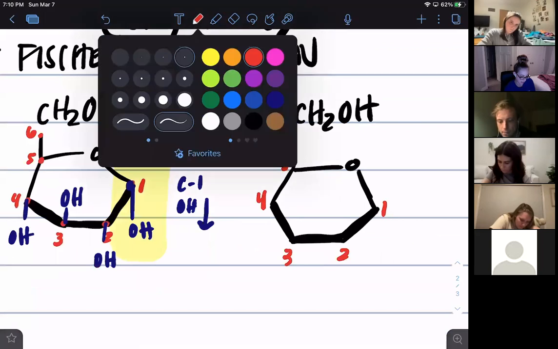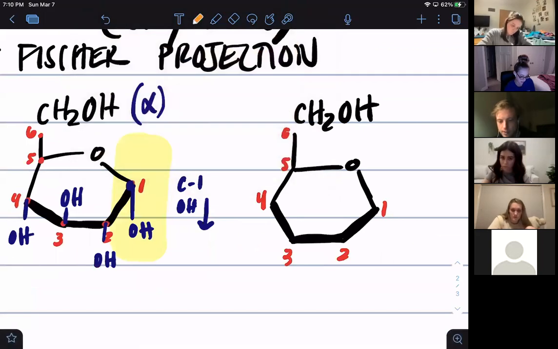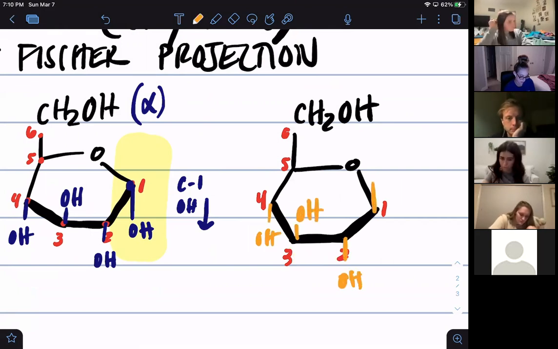And then we'll fill it in with this color this time. So this guy is still below. Sorry, that's this one. All of the other preceding OHs are the same. We don't really care what's happening there in terms of where those OHs are.